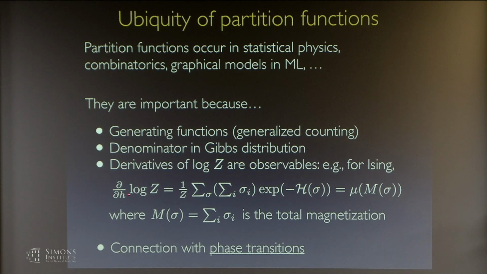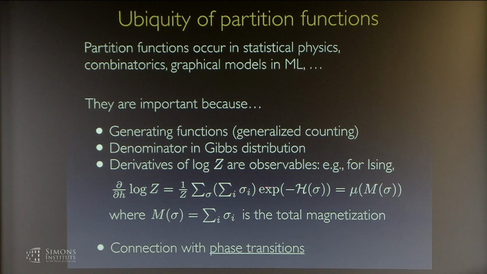So if you look at the derivative with respect to h of the logarithm of the Ising partition function, you're going to get a 1 over Z, and then, because in the exponent you've got the field term h times the sum of the spins, this will come down when you take the derivative.